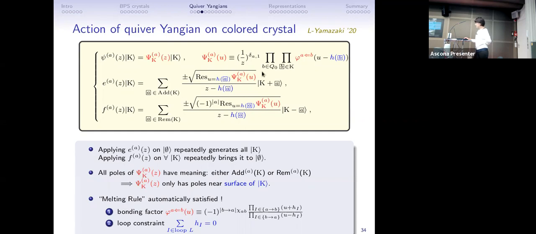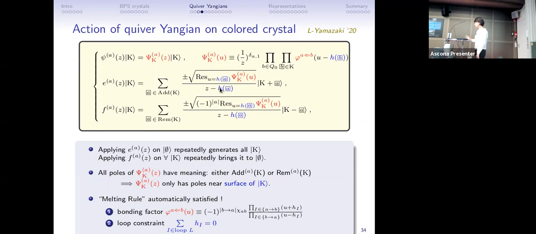This is the charge function for color A. All atoms, irrespective of color, contribute to this, and the atoms of color B contribute this factor, so there is a relative bonding factor. The raising operator E of A only takes care of adding a color A atom, and F of A only removes a color A atom.